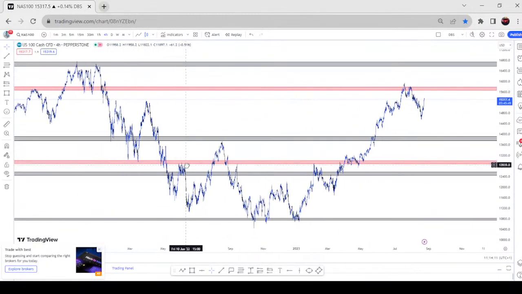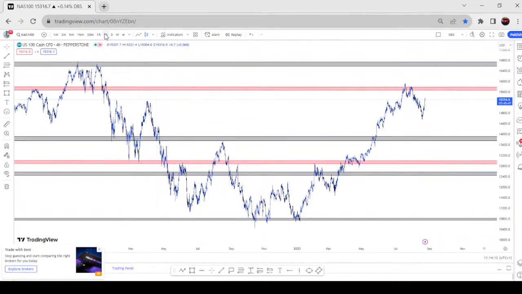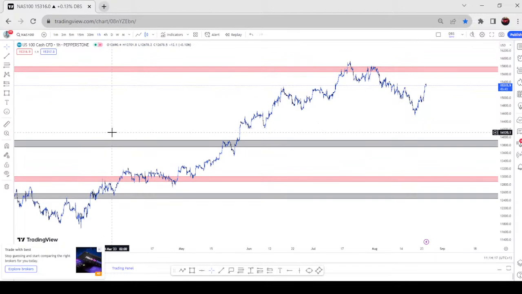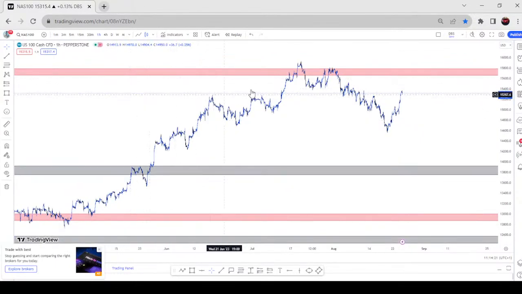Okay, so now we dive into the 1 hour time frame to see if there's any possible minor level right about here, and we can easily spot that.